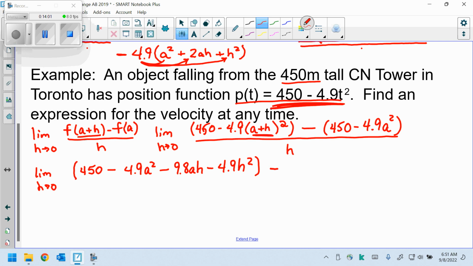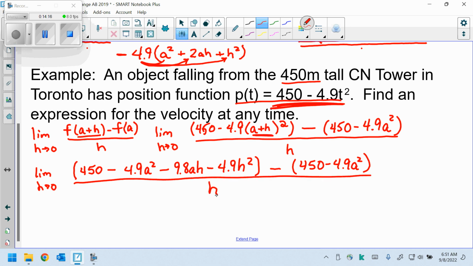Then I've got to subtract this 450 minus 4.9 a squared, and I've got to divide that entire result by h, and that's long and involved and complicated.